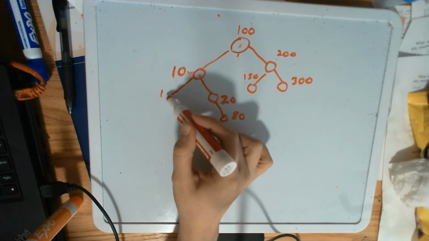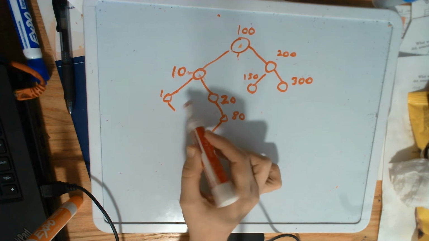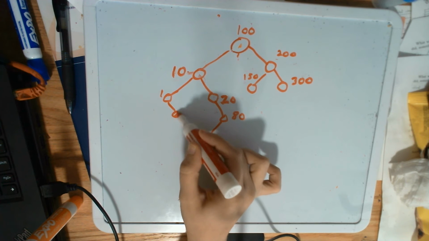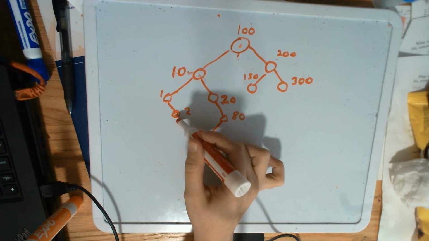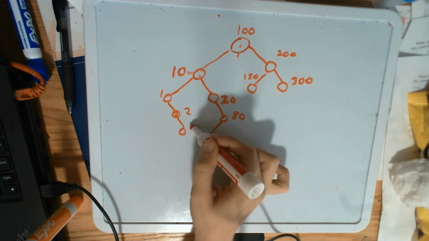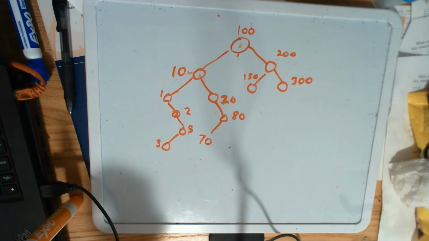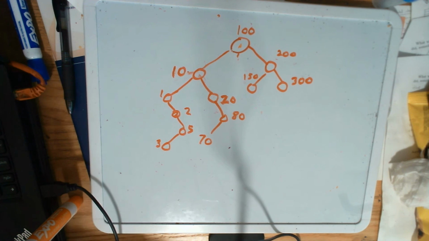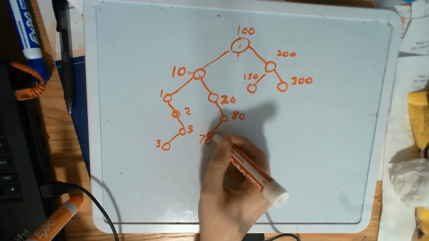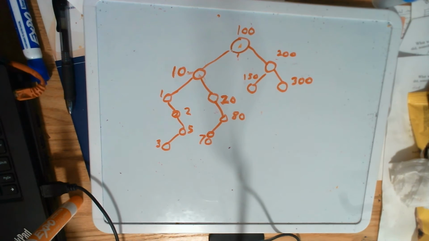So let's have 1 over here, and then 2, and then 5, and then 3. Okay.